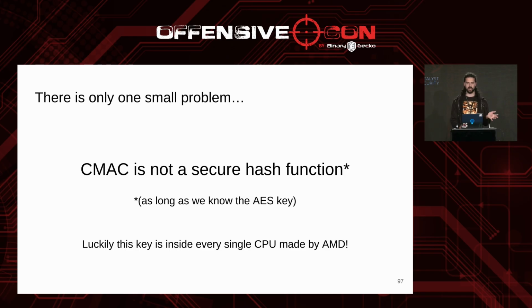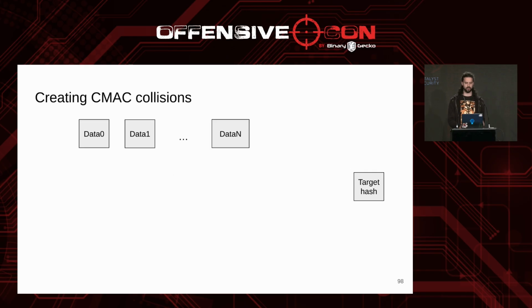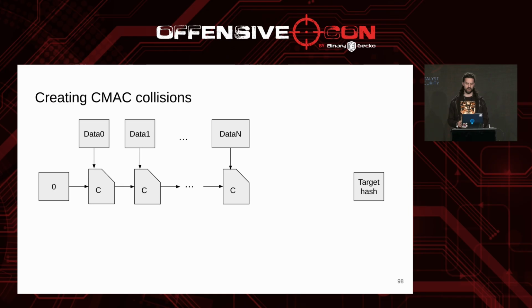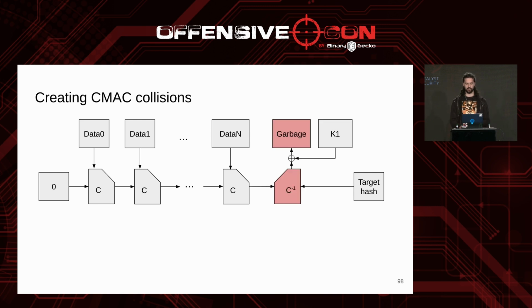How can we actually break this hash function? Well, it's pretty easy. Suppose that you have your data, split into n blocks, and you have a target hash, and you want your data to have that hash under CMAC. You first run the CMAC algorithm forwards on your data blocks like normal. Then for the second part, you run backwards from the target hash. You construct C^-1, the inverse of the compression function.